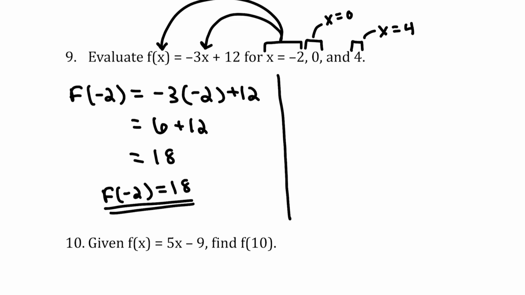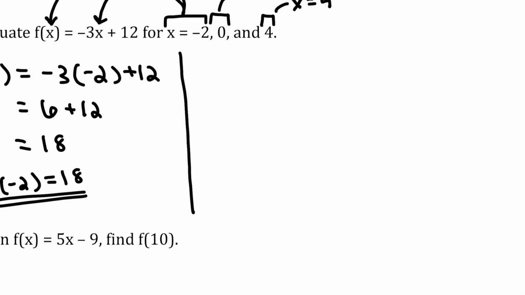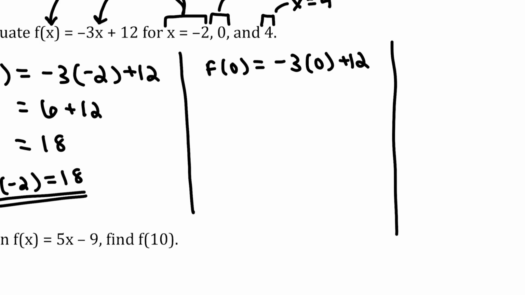And now we will solve the second part. Sorry. We have f of 0 is equal to -3 times 0 plus 12. So -3 times 0 is just 0, and then we bring down our plus 12. So we are going to get an answer of 12, meaning that f of 0 is equal to 12.